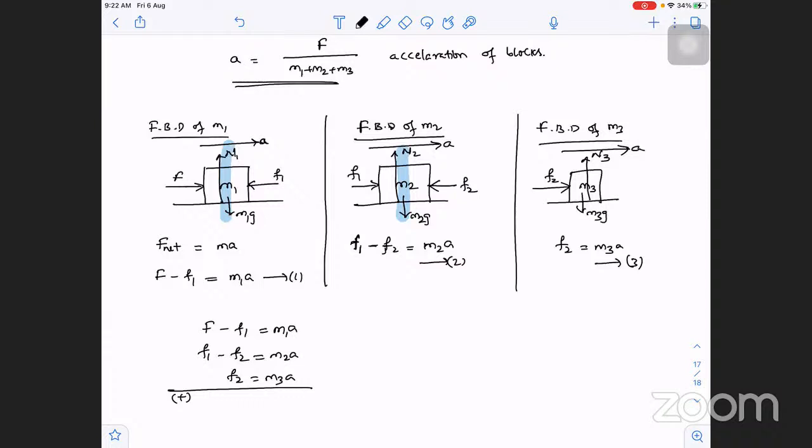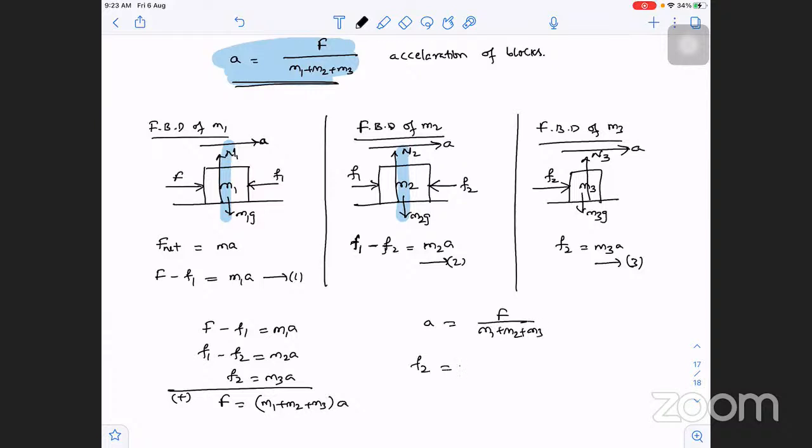That's what I wrote here, taking all three bodies as a single body. For acceleration it is okay, but if you want to find F1, then you cannot do it with a single body; take separate bodies. So adding, F is equal to M1 plus M2 plus M3 into A. Then the acceleration I get is F by M1 plus M2 plus M3.